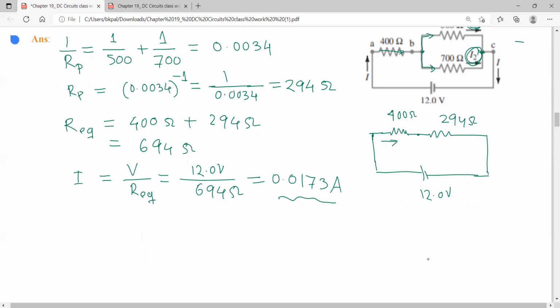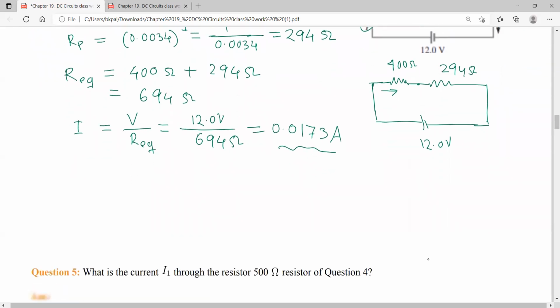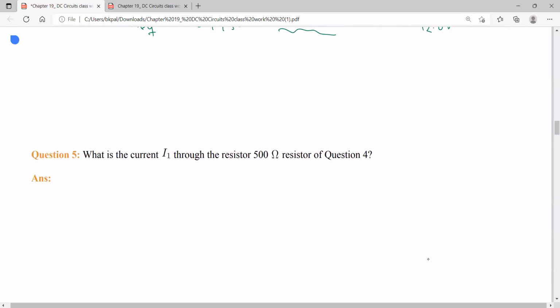We know I, right? This I we already know. So the current through the 400 ohm resistor we already know. Because we know that, we can determine the voltage drop across the 400 ohm resistor. The voltage drop will be I times R, V equals IR.